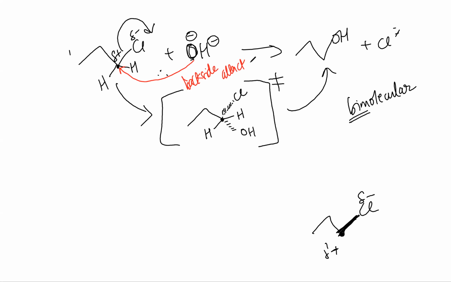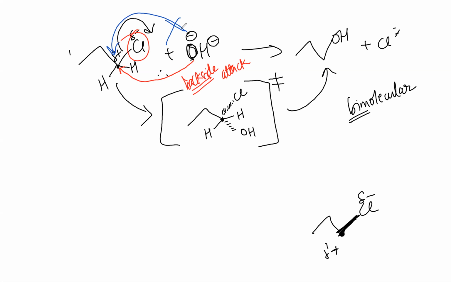It's like somebody is doing something sneaky, but it is a backside attack. That's what it's called. And where is it the backside of? It is the backside of the leaving group. Okay, so it's coming from right behind the leaving group. So once it attacks from behind, the Cl has to go from the other side. Okay, so the blue arrow that I'm going to draw now is the wrong one. Okay, that's not right. So the red one is the correct one.